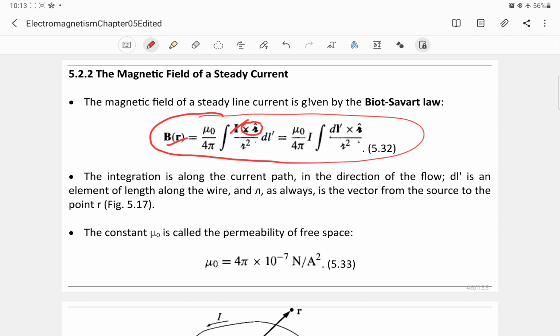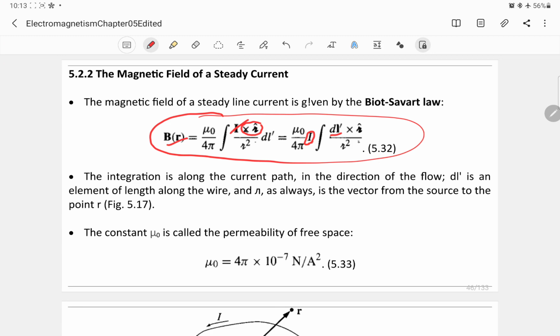So anyway, I flows in the wire. In this case, you have just a wire. You can take out the magnitude of I because you have a steady current, and I is supposed to be constant.